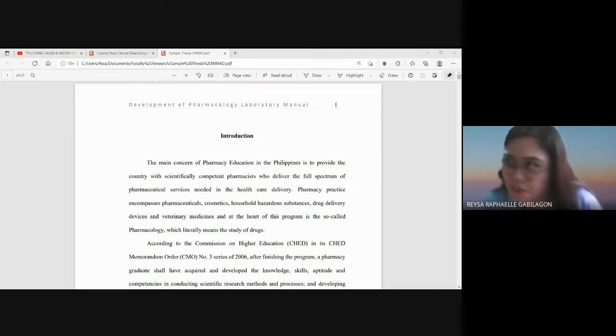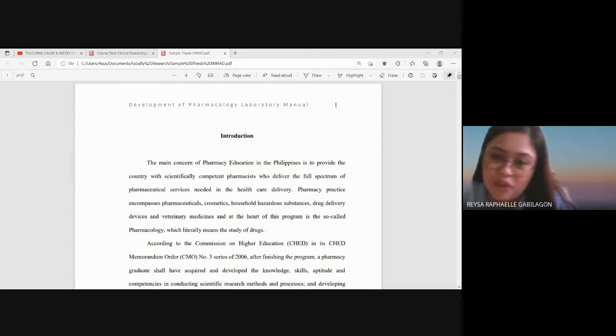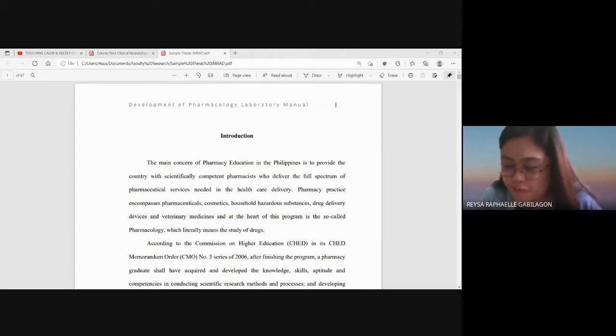This was actually my study about the development of a pharmacology manual because I want to develop a manual for PCOL na research-based. So nagkandak ako nito ng research and paano ko nilagay yung aking introduction. This one is actually an assertion beginning. And then afterwards, I don't really have statistical information here.